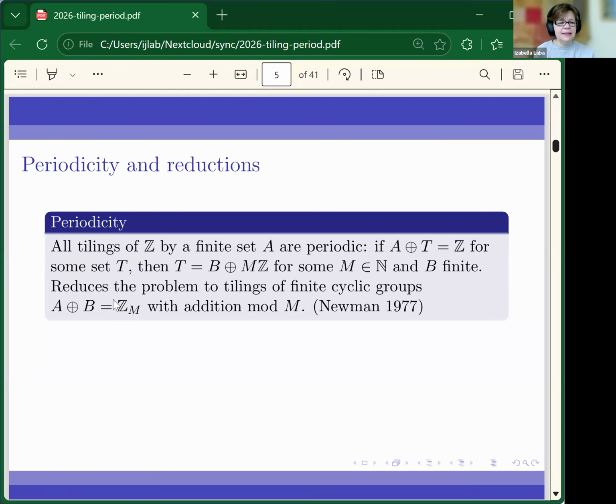We're going to be interested in the periodicity question for that type of tilings. It is a well-known fact that all tilings of the integers by a finite set are periodic, so that the translation set has to be a direct sum of a finite set and an infinite arithmetic progression.